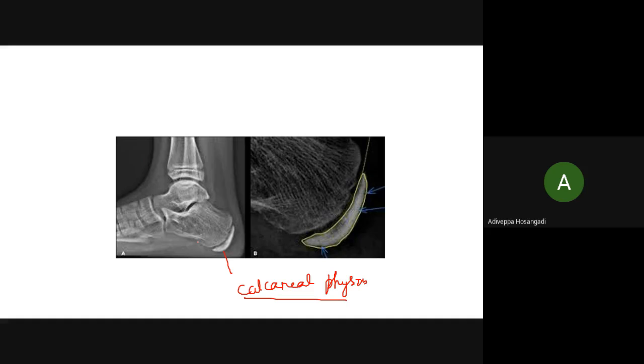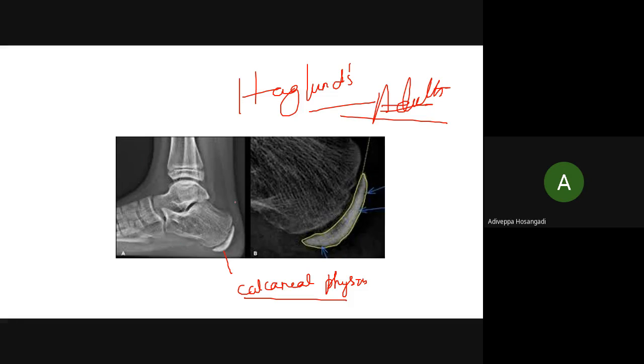Always you remember, you should not get confused with Haglund's disease. Haglund's disease is in adults, post maturity. Okay, there is a swelling here. In Sever's, it is calcaneal epiphysis. Am I clear?